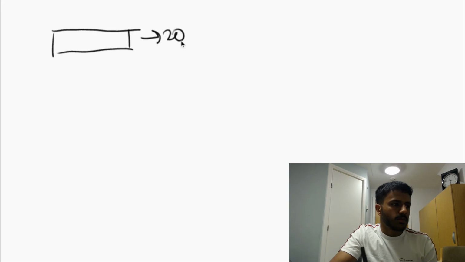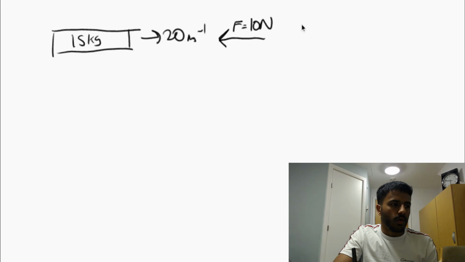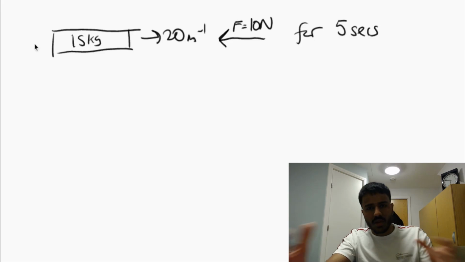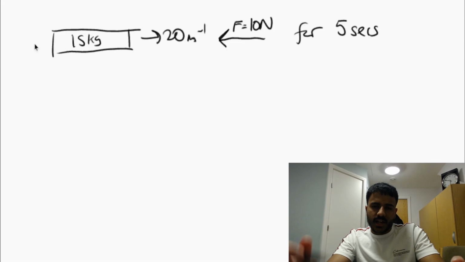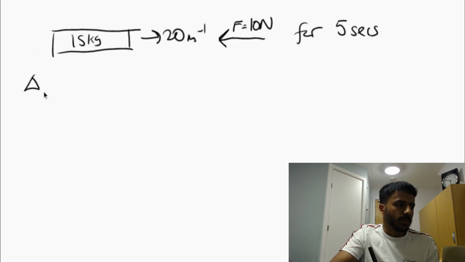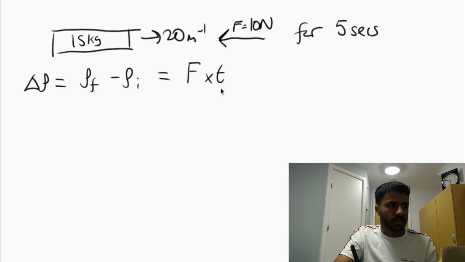Now, to conceptualize this in a bit more detail, let's say I had a body moving at a speed of 20 meters per second and it weighs 15 kilograms. If I now exert a force of 10 newtons on this body for 5 seconds, with this information I can work out the final velocity of this body, because we know that the change in momentum is equal to the final momentum minus the initial momentum, and that is equal to the force applied on the body multiplied by the time.